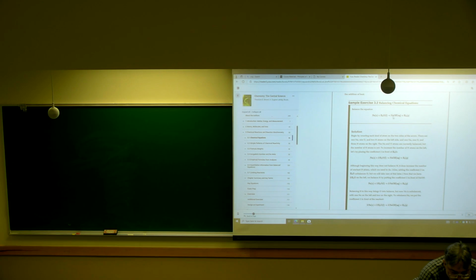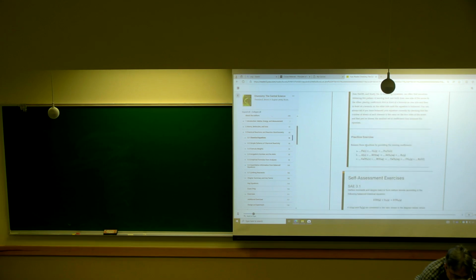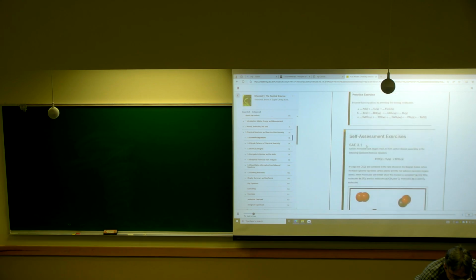Aqueous means that Na and the OH have split apart and are floating around separate from each other in the water or in the liquid. So solid, liquid, gas, and aqueous are the main things that will be in parentheses. And I think that's all that's really needed.